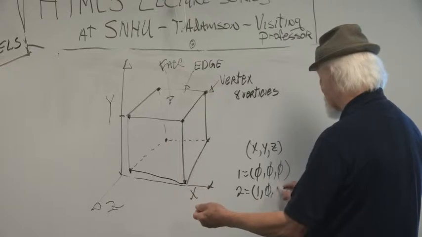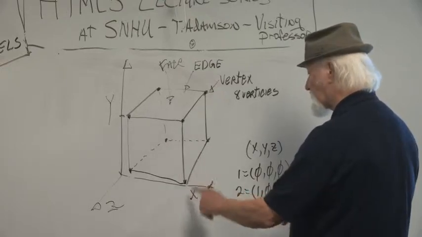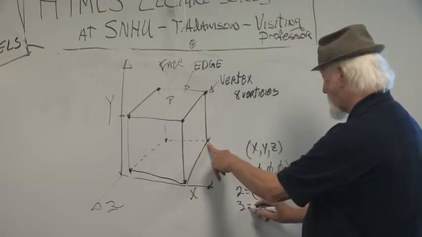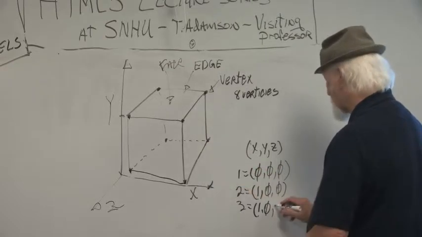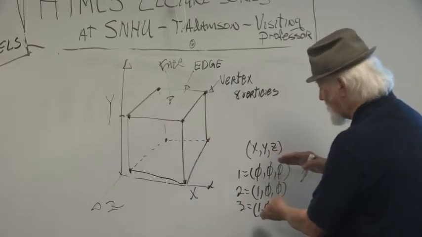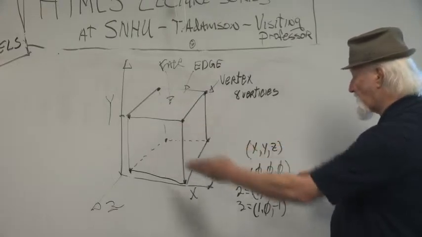That's going to be a 0. And then the next vertex is this one here, vertex 3. The x on that one is going to be a 1. The y is going to be a 0. And the z is going to be a -1, because it's going back this way, and so on. So what it does is store information about these 8 vertices for this cube.